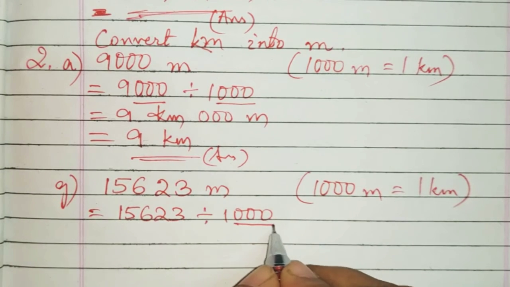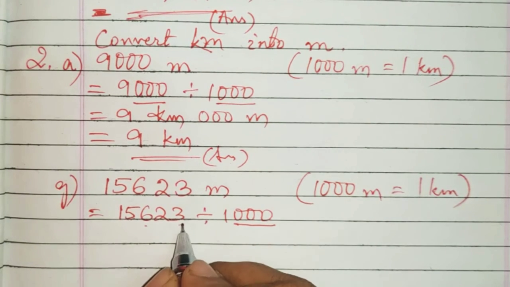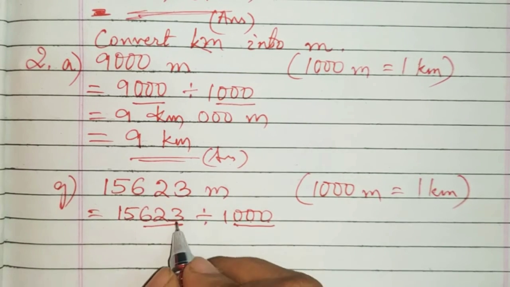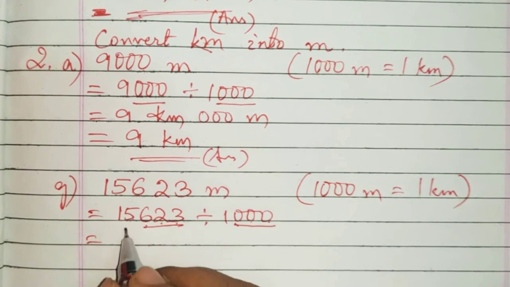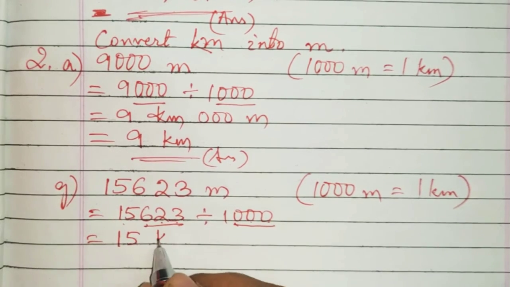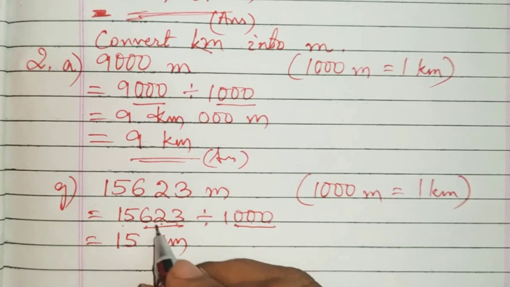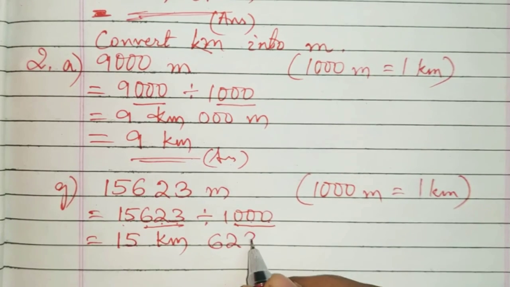So underline 3 zeros. From right hand side, underline 3 places, that is ones, tens, 100. Now this 15 is left, this is 15 kilometer. The left one is bigger unit and this one is the smaller one.